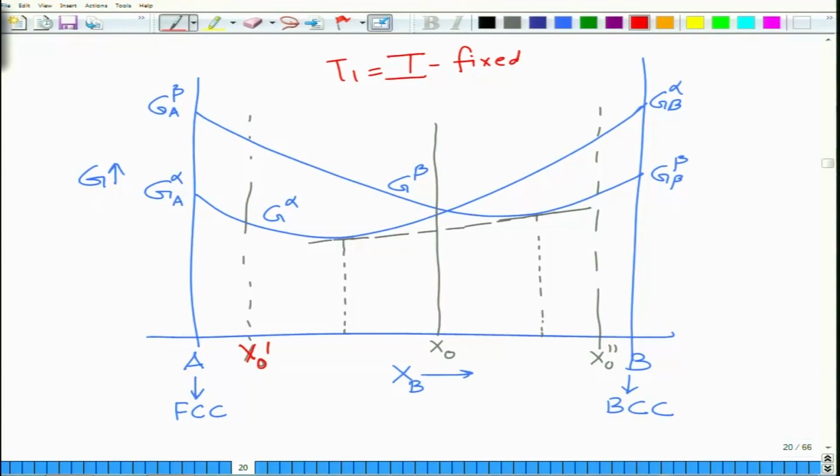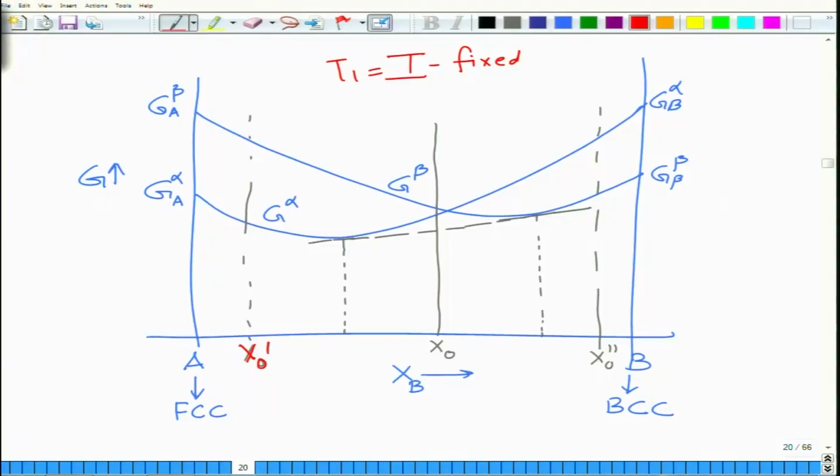This alpha phase is a solid solution of B in A. It has majority component A, minority component B, and it crystallizes in a structure similar to that of pure A, that is the FCC phase. This continues until the point at which the tangent to the curve G alpha is there.